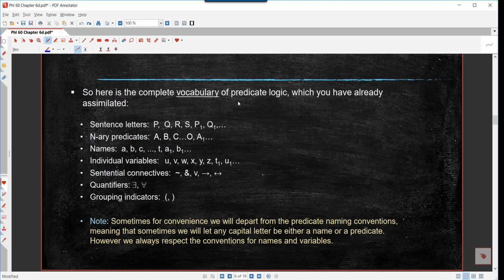So when we look at the actual definition of the vocabulary of predicate logic, it begins with sentence letters. And what that tells us is that propositional logic is still with us.